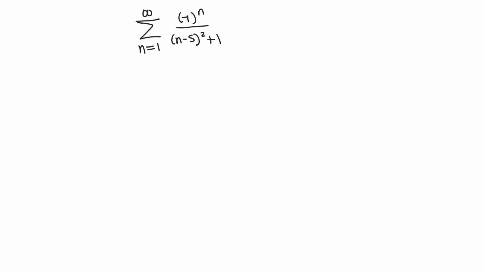Okay. So now what I want to do is let's do the absolute value test. Let's try and prove absolute convergence. Because if I can prove that this absolutely converges, then I know that it plain old converges. And that would be grand. So I've got the sum from n equals 1 to infinity of 1 over n minus 5 squared plus 1.